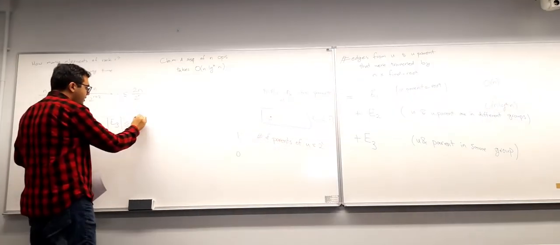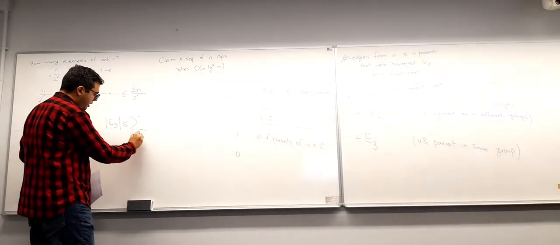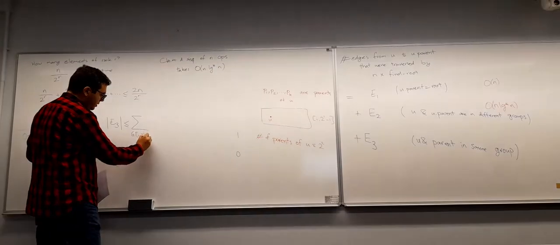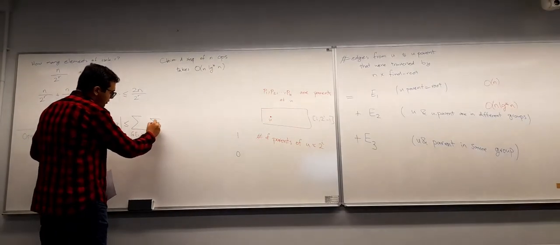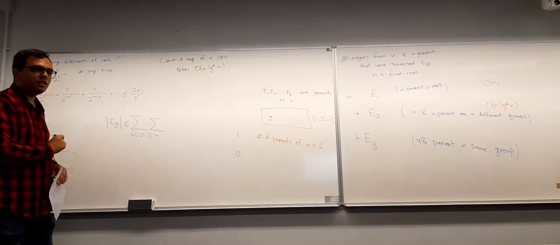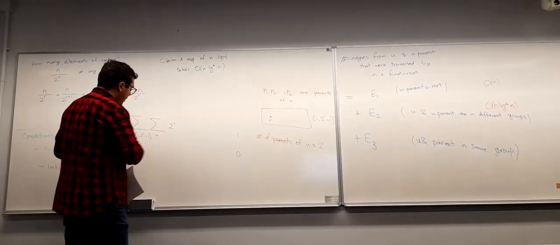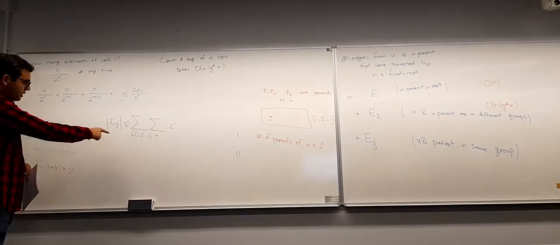Well, I can sum over all of my groups, and let's say that my group went from I to 2 to the power of I minus 1. And then I have to sum over all the u's that are in this group. And then what is the number of parents? It's at most 2 to the power of I. So I want to find a bound for this sum.